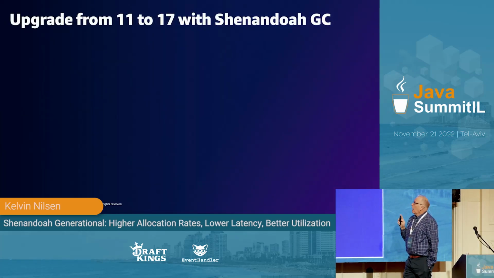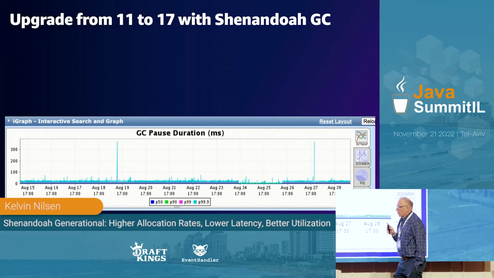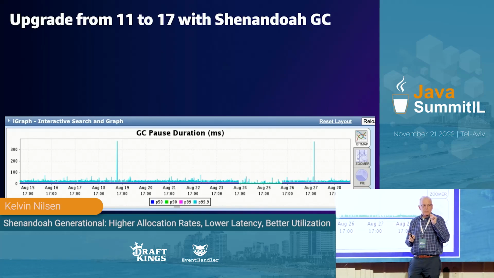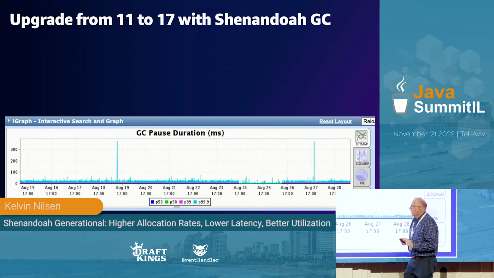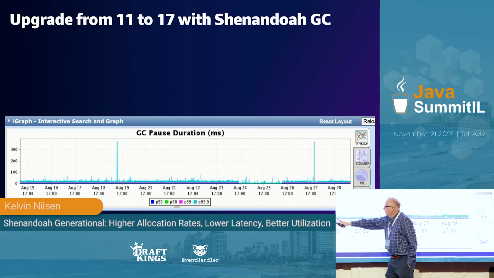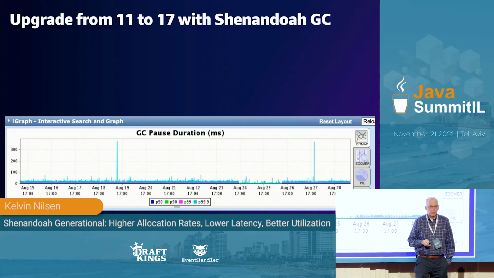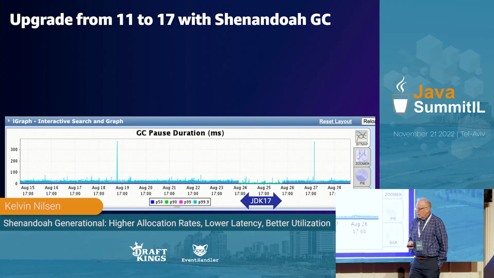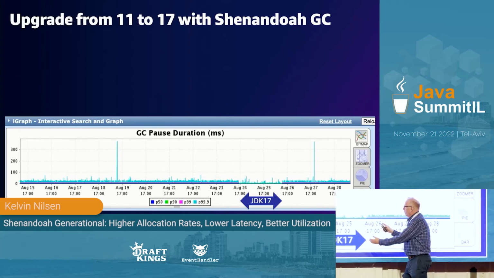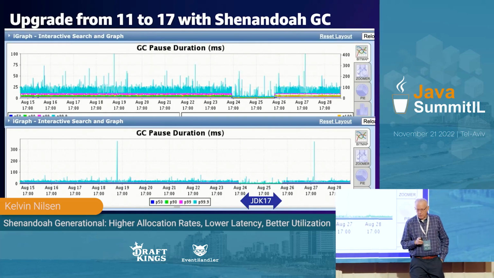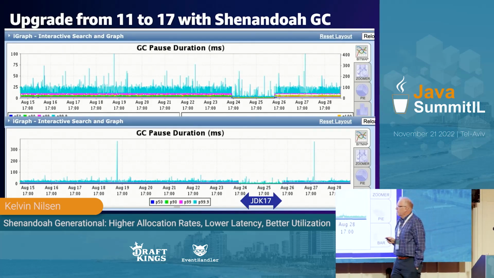And finally, I have some slides that show the transition from JDK 11 to JDK 17. This is sticking with Shenandoah, but you see some noise here becomes much more refined. During an experiment with JDK 17, they had to roll back because they found some issues. They didn't migrate.